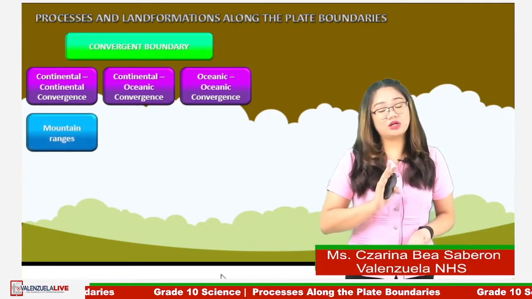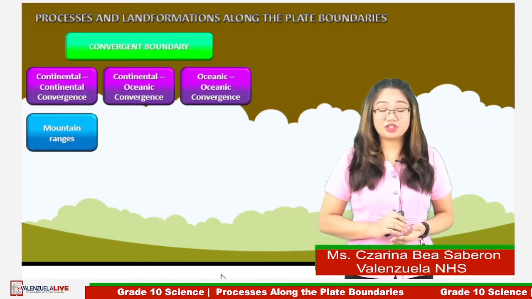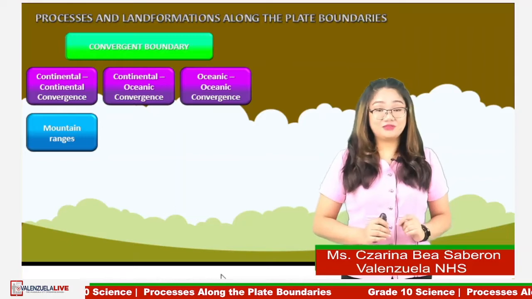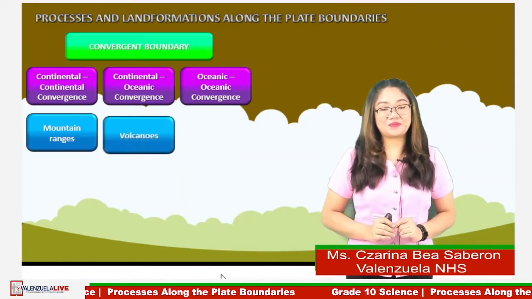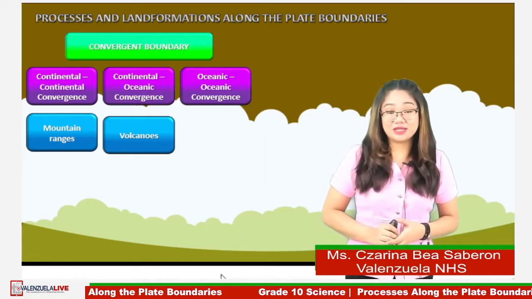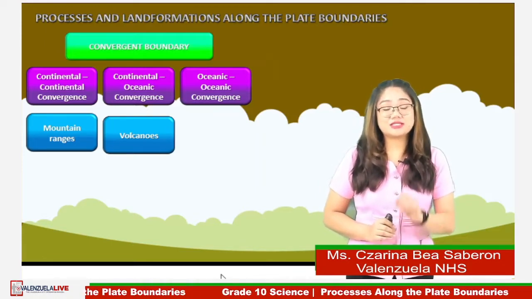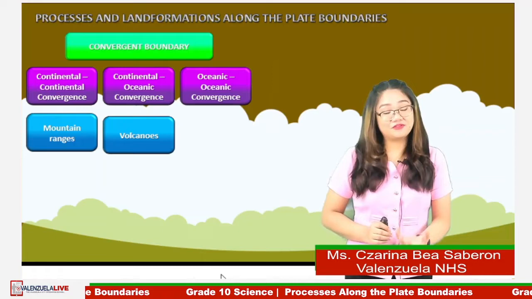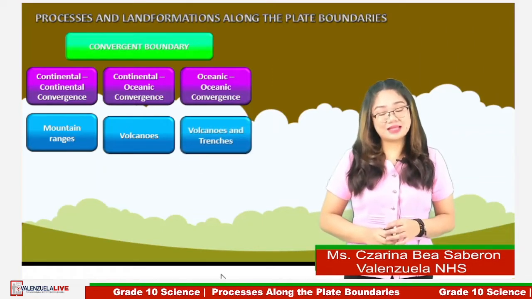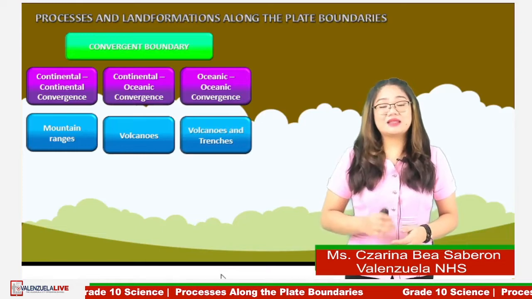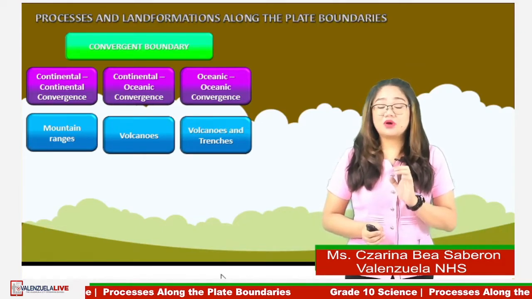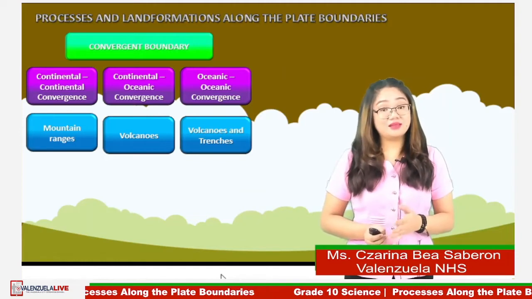Under continental convergence, it could lead to the formation of mountain ranges. Next, continental-oceanic convergence could give rise to volcanoes. And the last type of convergence could lead to the formation of underwater volcanoes and trenches, of course.